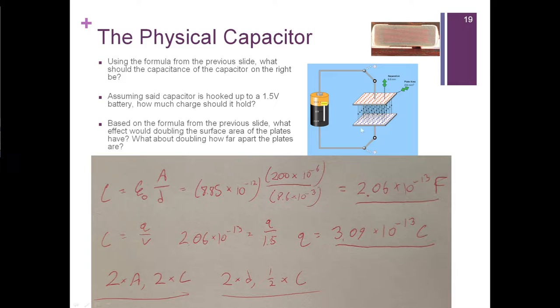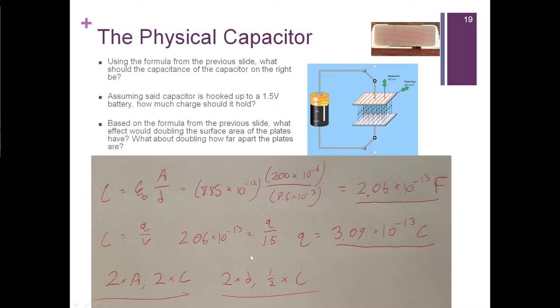If you hooked up our new capacitor to this particular 1.5 volt battery, it would be able to hold and store a certain amount of charge within itself. So, the formula that tells us that is capacitance equals stored charge divided by voltage. So, that's the second of our two capacitance formulas.